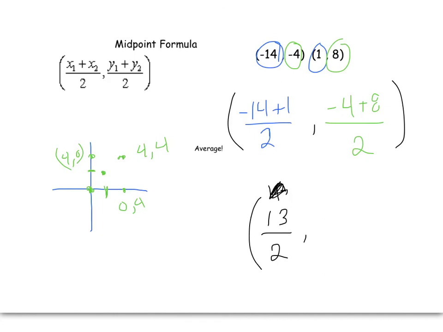Negative 4 plus 8 is just 4, divided by 2 is just 2. So your midpoint is negative 13 halves, 2. And if you want to rewrite this as a mixed number, go for it, but I like just leaving it as a fraction. If you change it to a mixed number, then you go that extra step and you have a better chance of getting that step wrong.